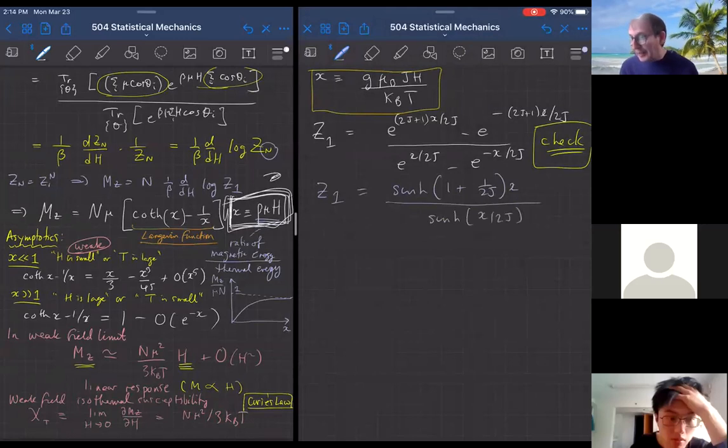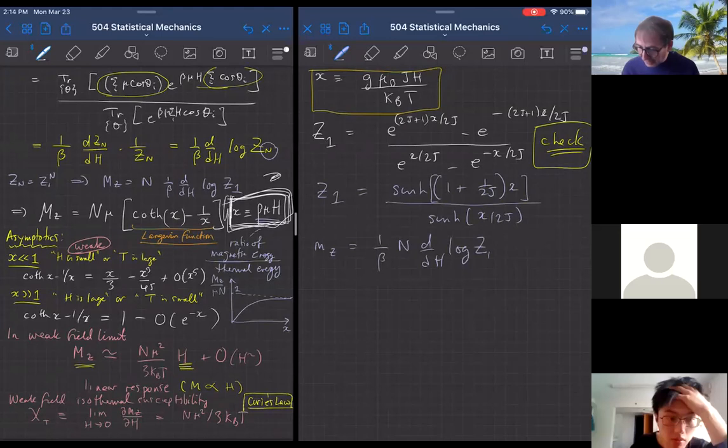That's the result of writing it this way. Then I can compute the magnetic moment in the z direction by the same formula that we had classically: the derivative with respect to H of the logarithm of Z1. In other words, the magnetization is just the derivative of the Helmholtz free energy with respect to the external magnetic field. And so now you just have to differentiate that function.